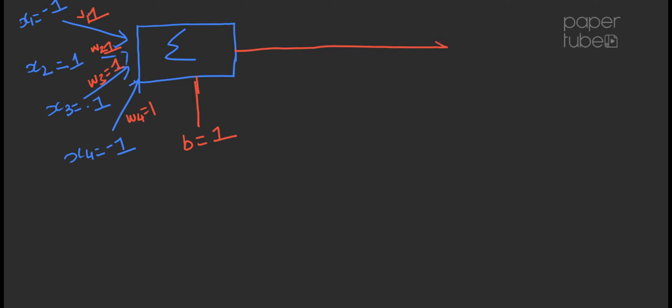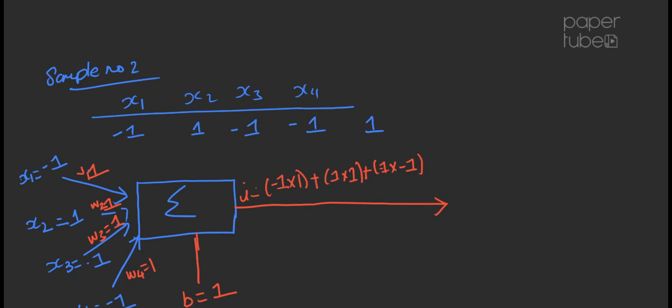Now you calculate the net input. The net input will be -1 multiplied by 1, plus 1 multiplied by 1, plus -1 multiplied by 1, plus -1 multiplied by 1, and then plus the bias, 1 multiplied by 1.